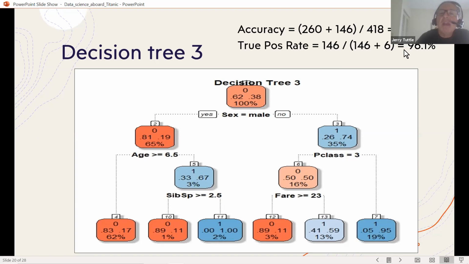It's an even better accuracy and true positive rate, I think, than the first one. And 97 and 96 is clearly as good as I'm going to get. Of course, I could play with these forever, but I'd be quite happy with these, and I think so would any client.